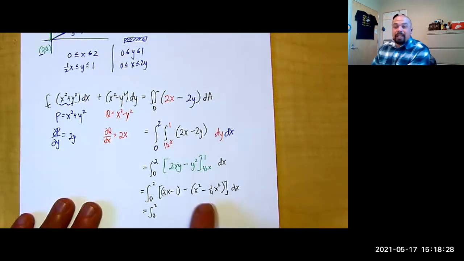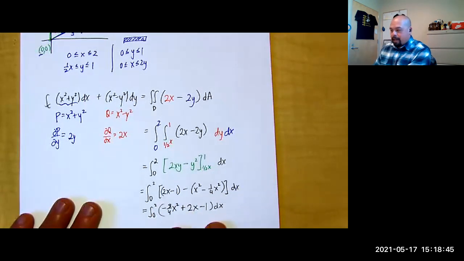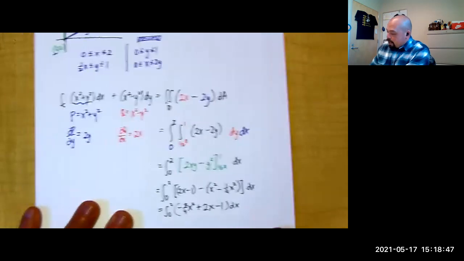A little bit of rearranging. X squared minus 1/4 x squared, 3/4 with a negative up front, negative 3/4 x squared plus 2x minus 1, dropping the parentheses, combine my like terms, keeping the dx, okay.